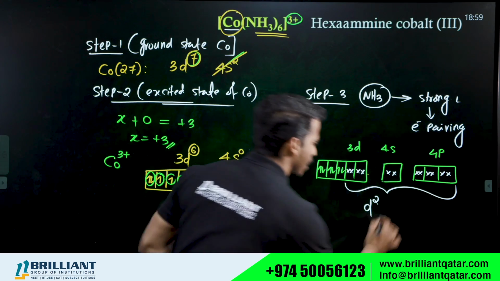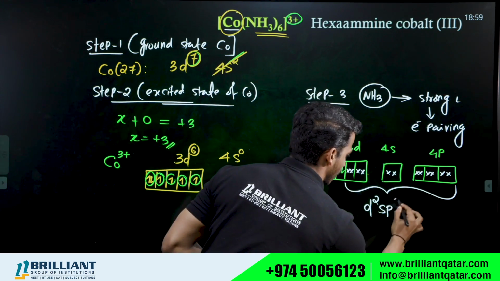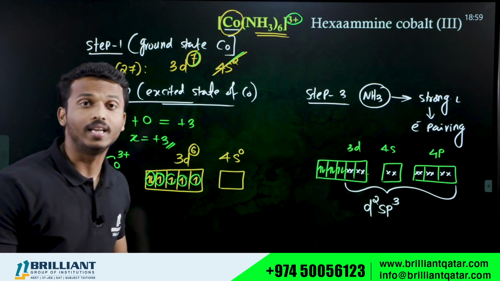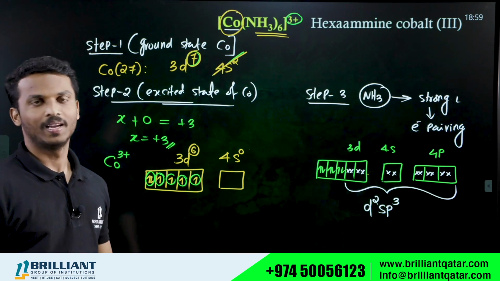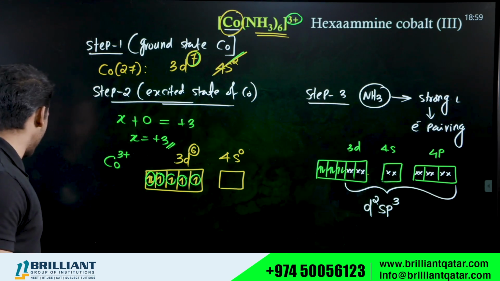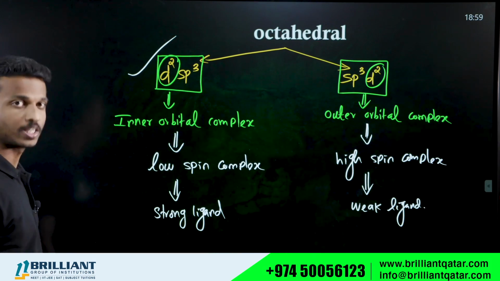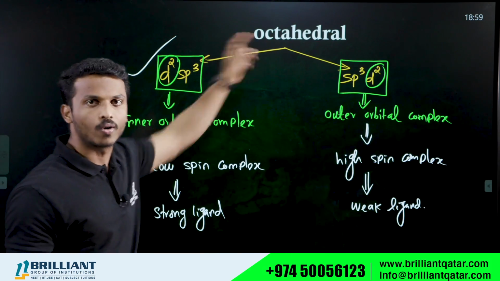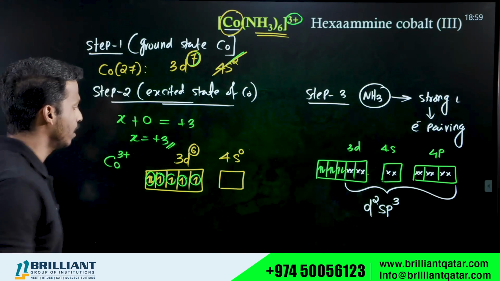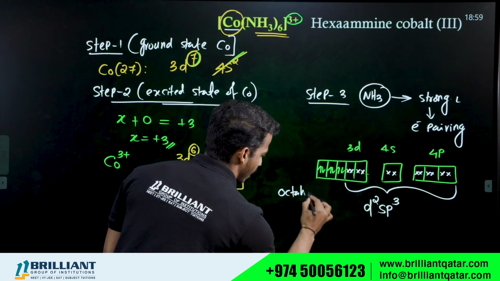What is this orbital? 1 s orbital. What are these 3? p orbitals. p3. What is the hybridization you are getting? d2sp3. We said so many things regarding d2sp3 hybridization before. All of you, if the hybridization is d2sp3, the structure is octahedral.